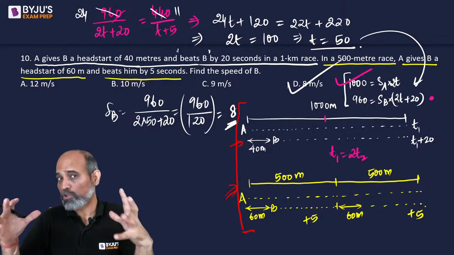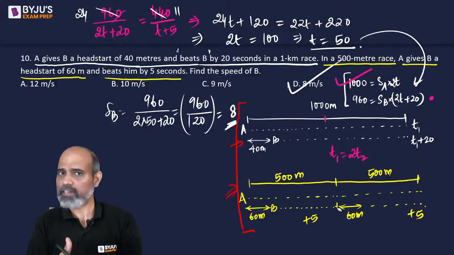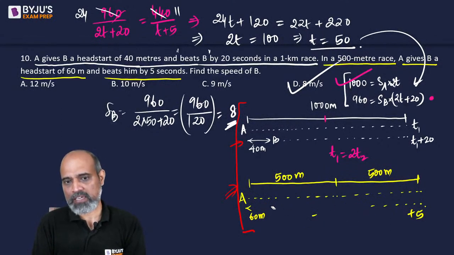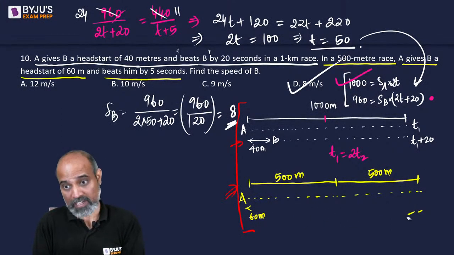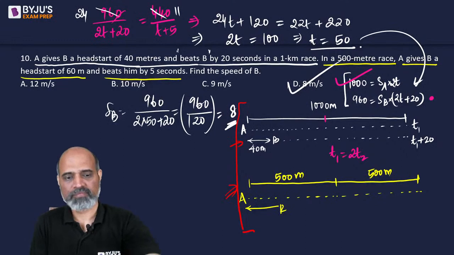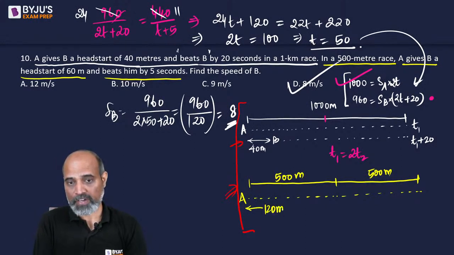If I bring those distances together and the seconds at the end, just rearrange. So can we say B was given a lead of 120 meters actually.